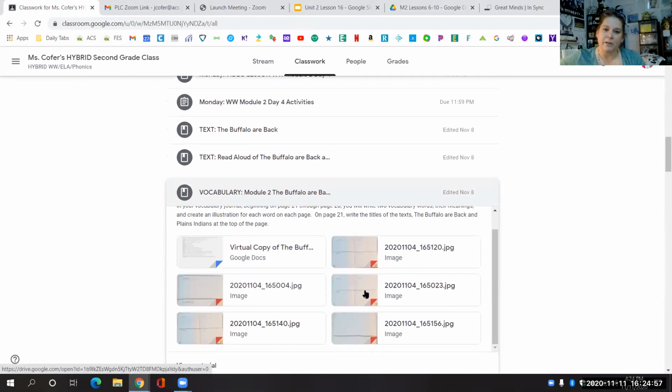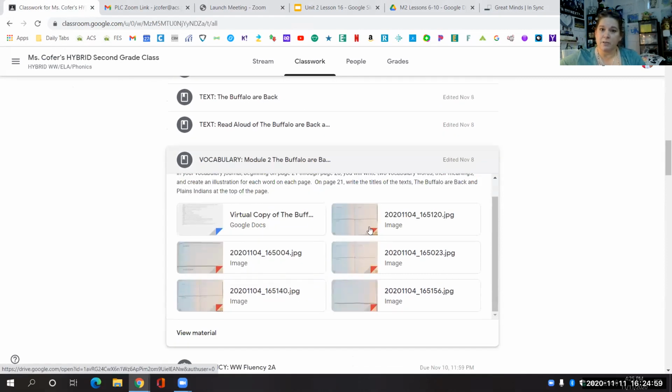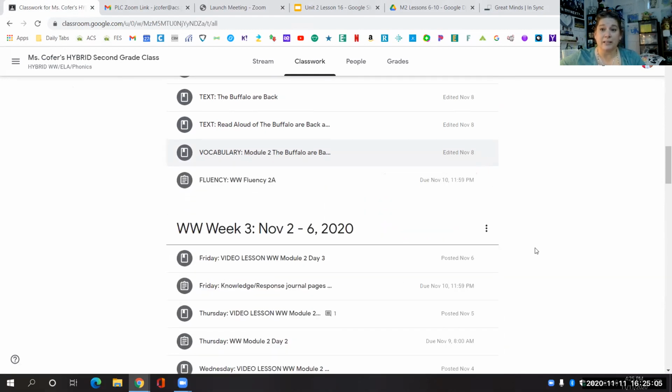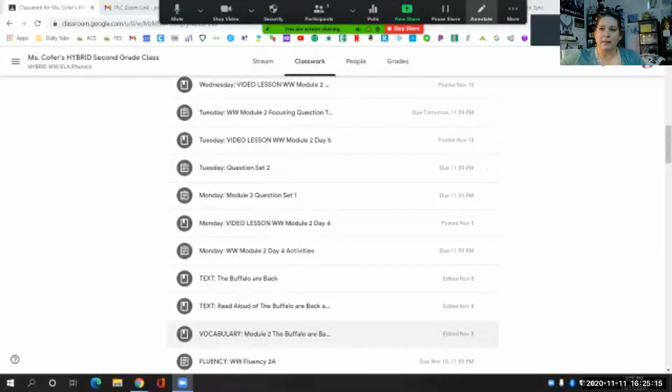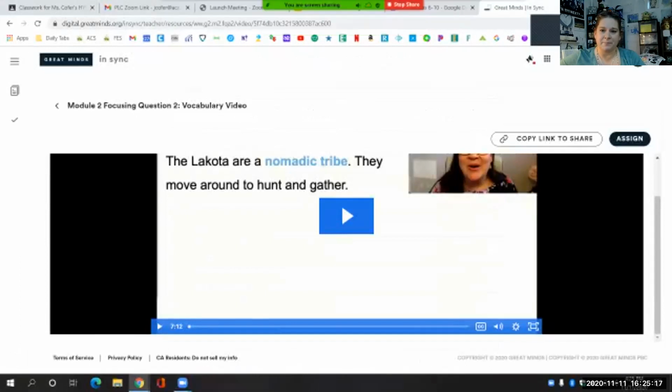Here's the vocabulary words. Here's the pictures that I told you I provided for you so that you know what things are supposed to look like. Please do it correctly this time, okay? All right, so we're going to listen to the vocabulary video now, and then we will go to our lesson with Miss Sabella.